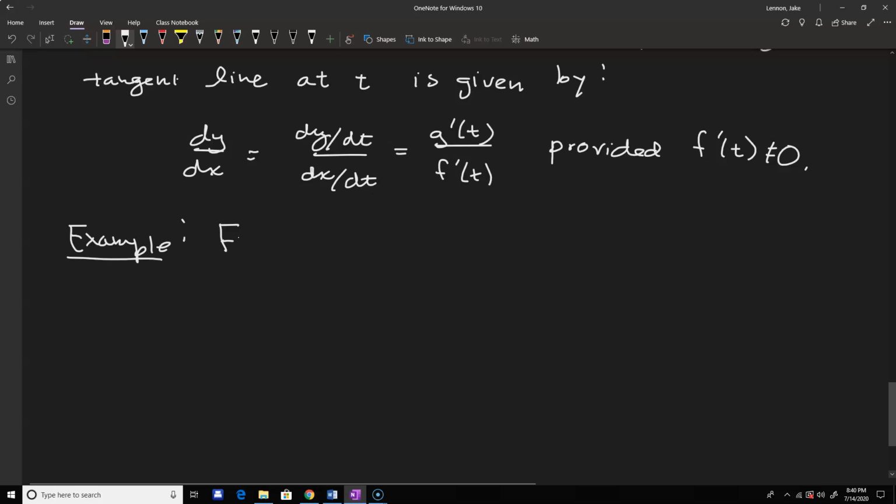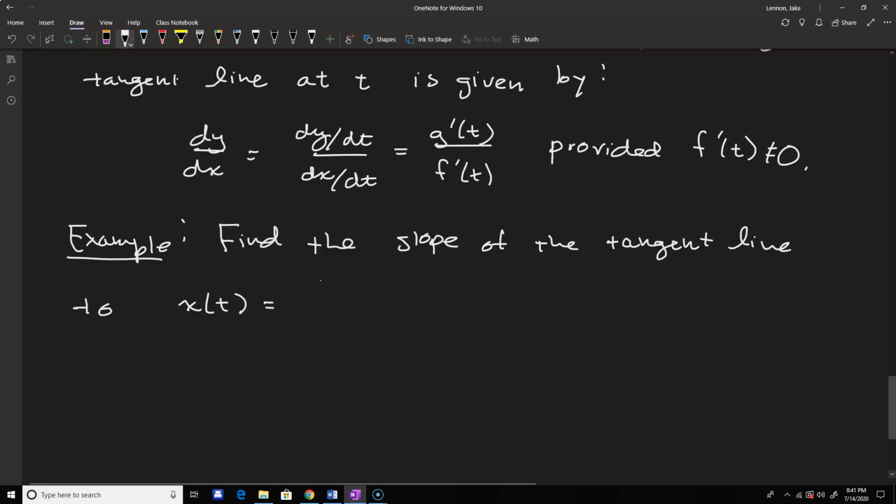Let's find the slope of the tangent line to x of t equals t, and y of t equals 2 square root of t, at t equals 4.